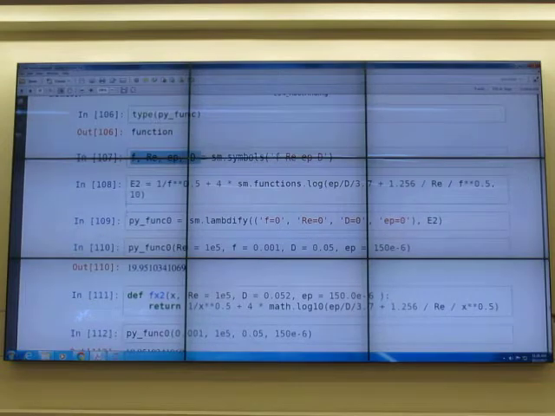And I type the friction factor equation E2 equal to 1 over f to the power 0.5 plus 4 times the sm function log and so on. Look at this. When I use a logarithmic function, I cannot just use any log function. Why is that? Can I use math.log or numpy.log?